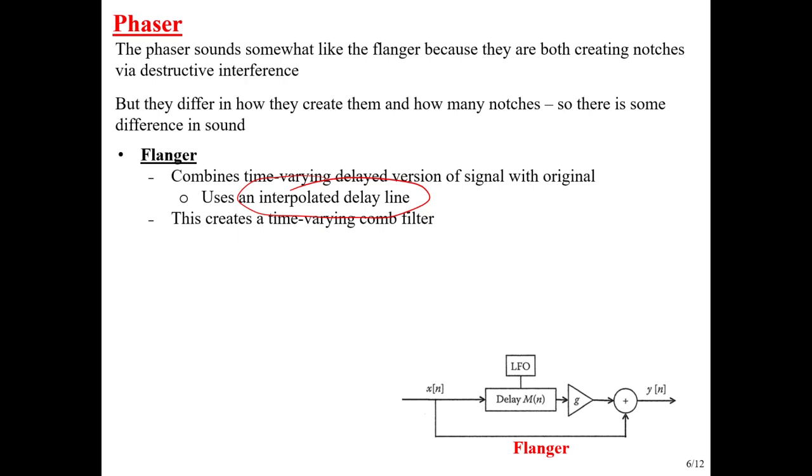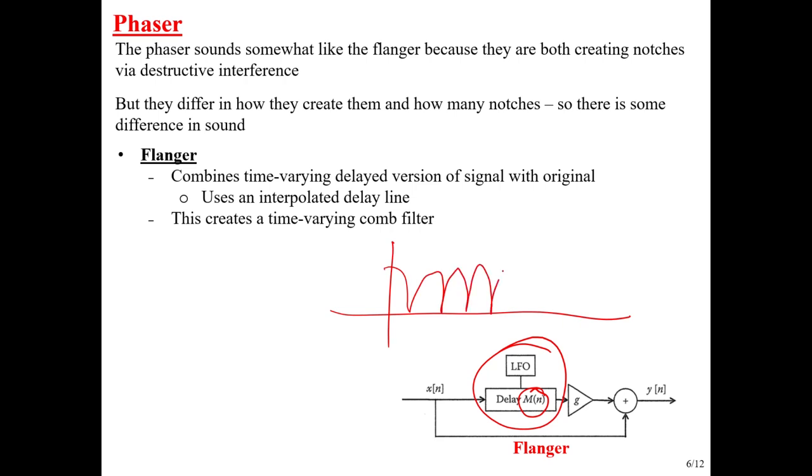And we saw that this was nothing more than a time varying comb filter. So if you freeze the LFO at a particular point, you'll have a particular delay there. You'll have a particular comb filter there. And what we saw was that the notches in the comb filter are uniformly spaced.